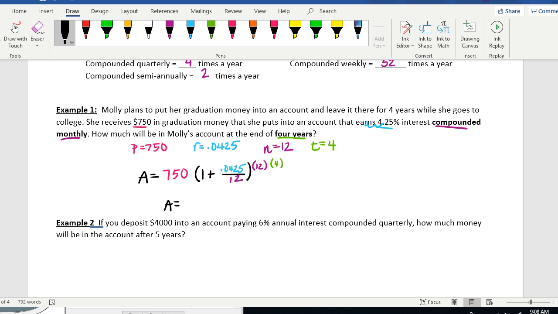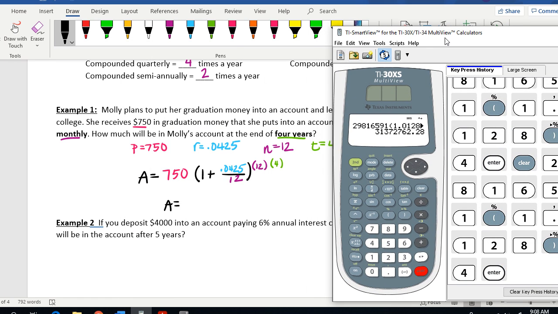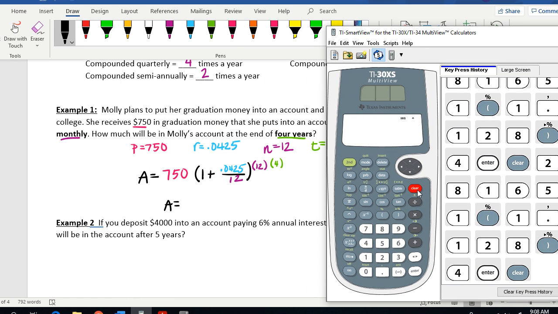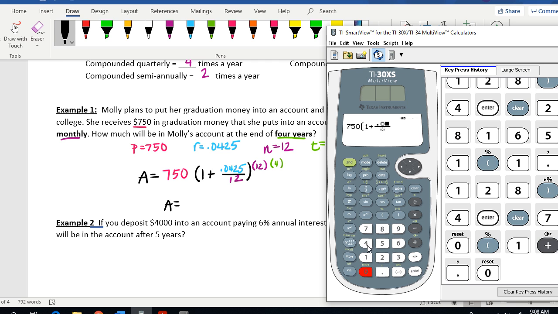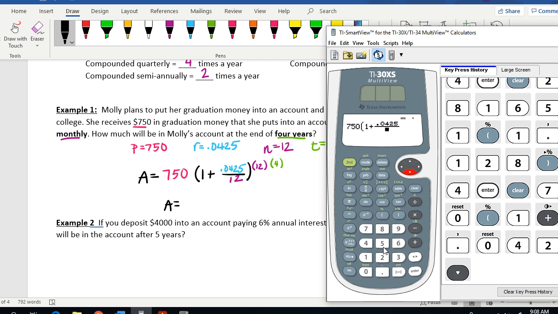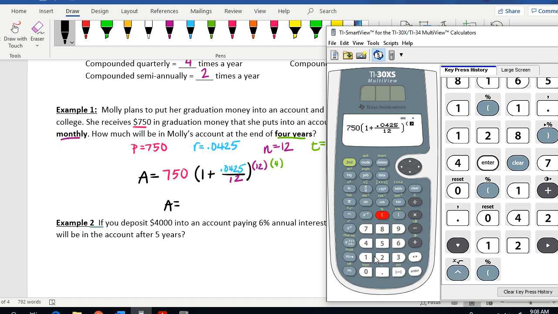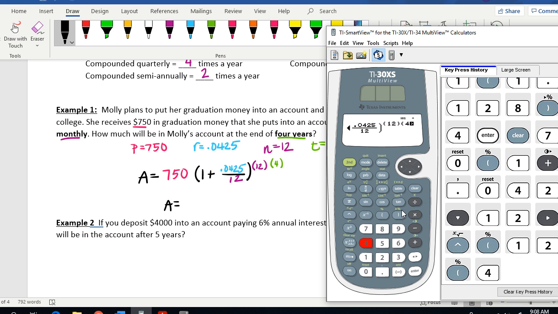We're going to figure out how much is going to be in Molly's account after 4 years. So 750, I'm going to type it exactly how I see it. 1 plus fraction 0.0425 over 12 raised to parentheses 12 times 4.